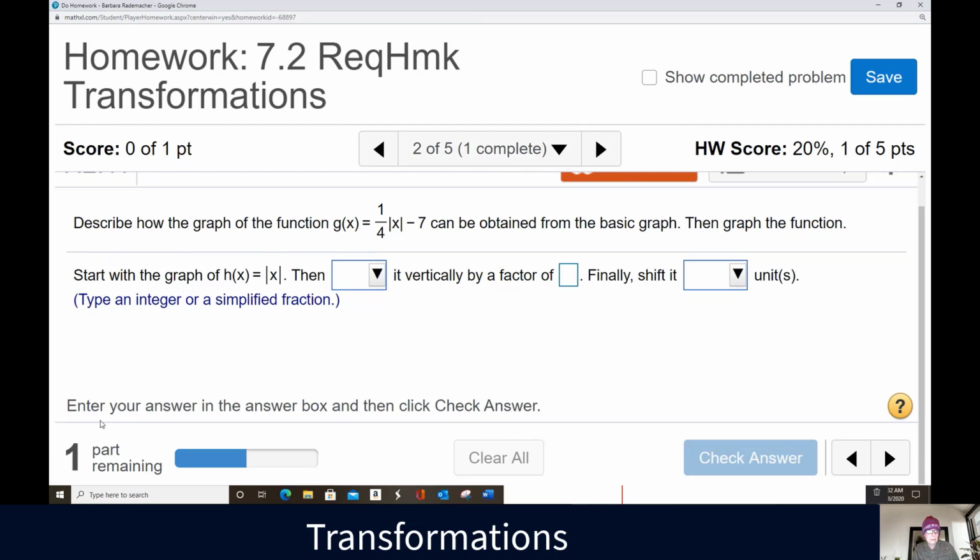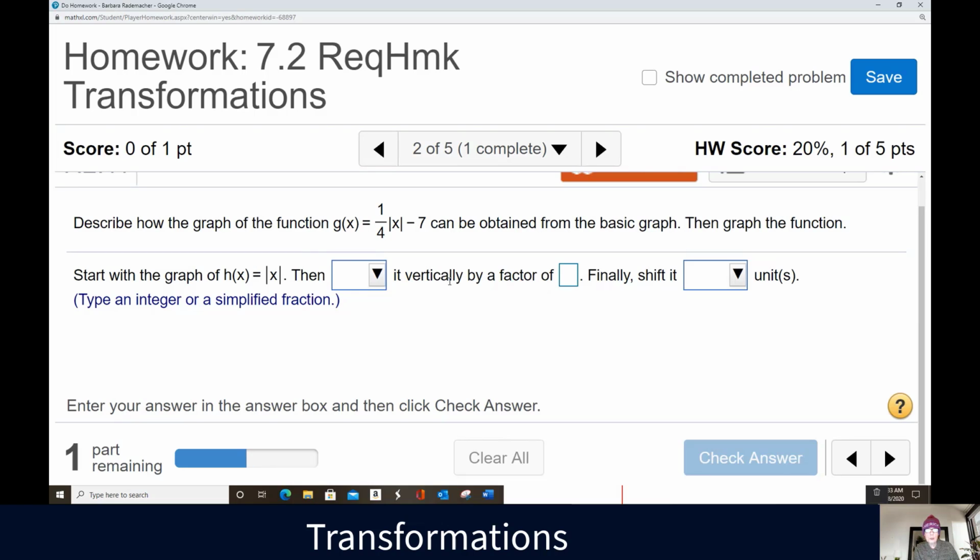So be ready. Start with the graph of h of x equals the absolute value of x. Then, you have to read the whole thing. Then shrink it vertically by a factor of. The only time you see the words factor of is when you're talking about a stretch or a shrink. Okay, and here it's telling you vertically.